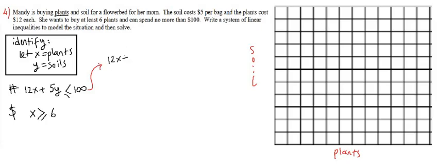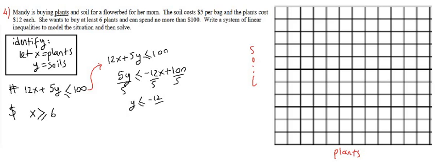So 12x plus 5y is less than or equal to 100. Subtract 12x on both sides and then divide everything by 5. So we have y is less than or equal to negative 12/5 x plus 20.